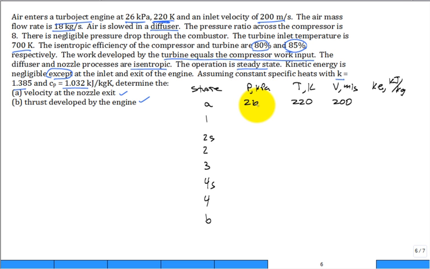How would you calculate the kinetic energy of the flow at state A? It's 1/2 V squared. So if I put in kinetic energy at A, is it 1/2 of 200 meters per second squared? What do I get for that? Somebody have a calculator? Can you run it for me?